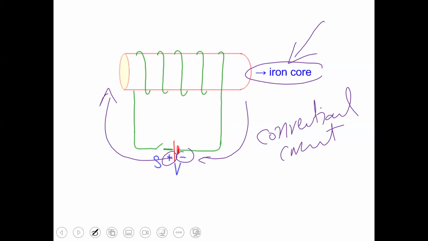Can you recall one more thing before we go? Why is there an iron core? Soft iron, does it support magnetism?